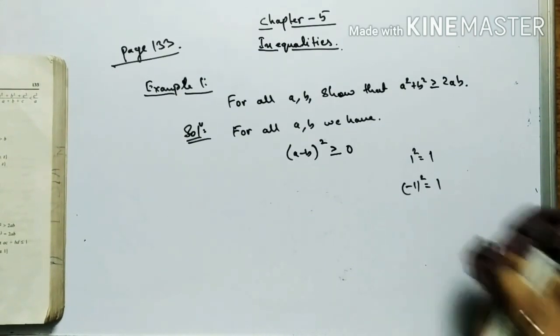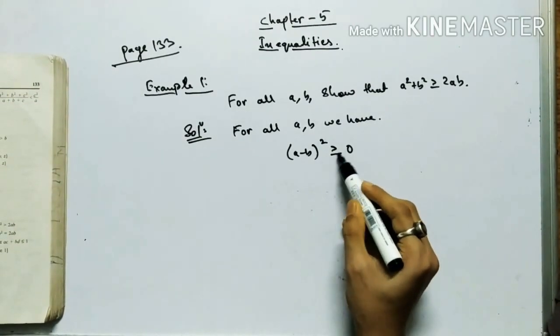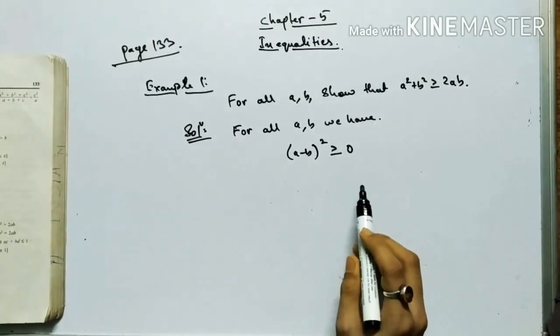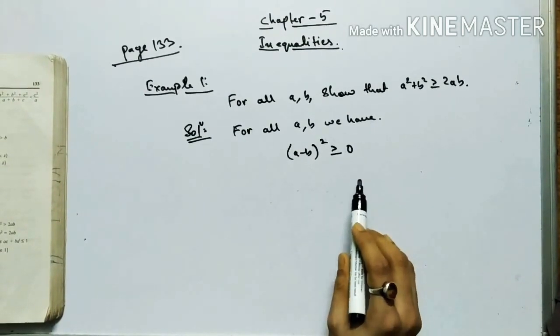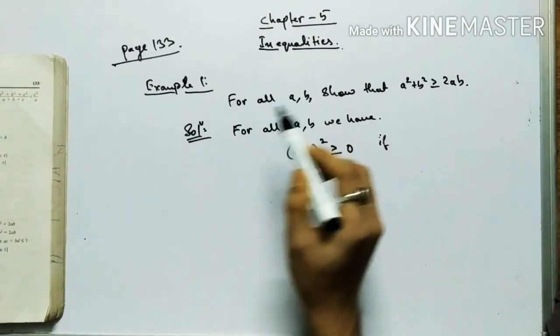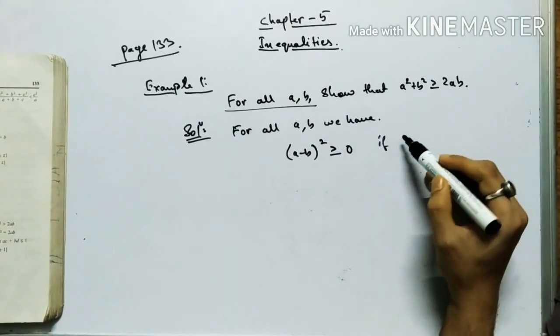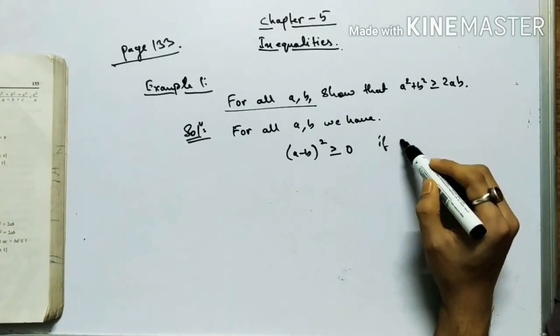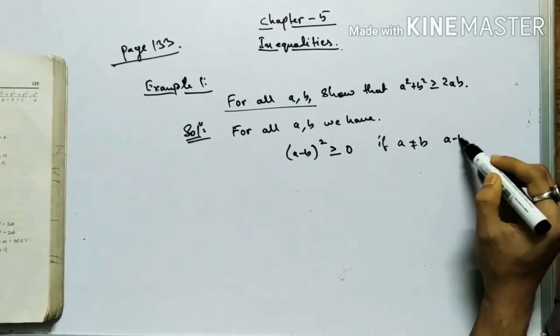Now one thing I have done here is that I am saying a minus b the whole square is greater than or equal to 0, not only greater than.